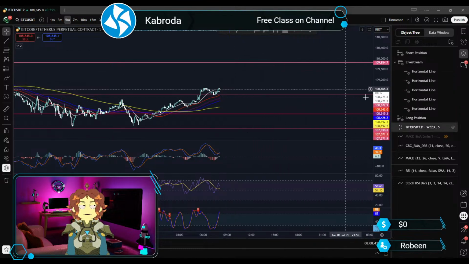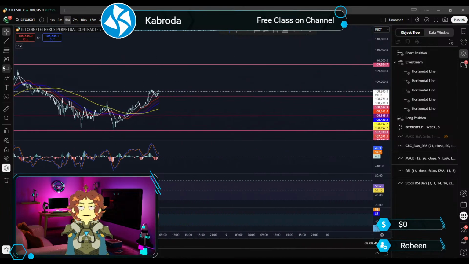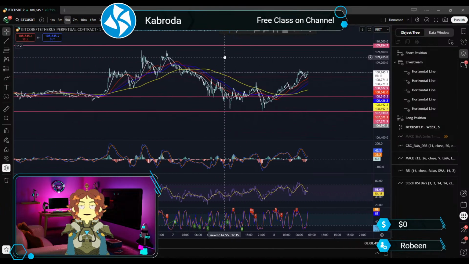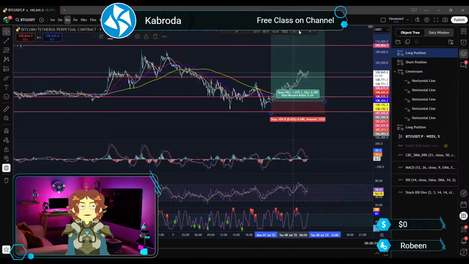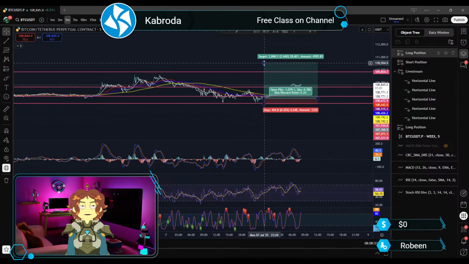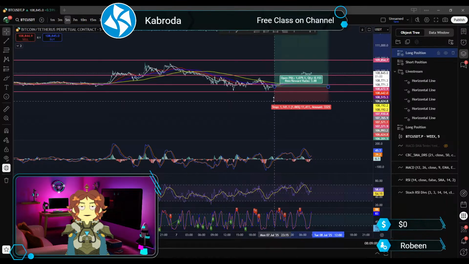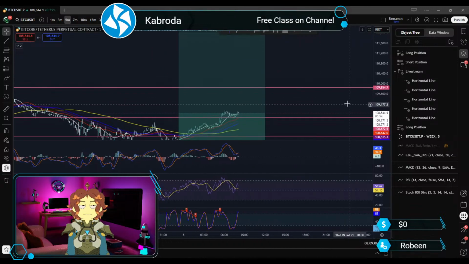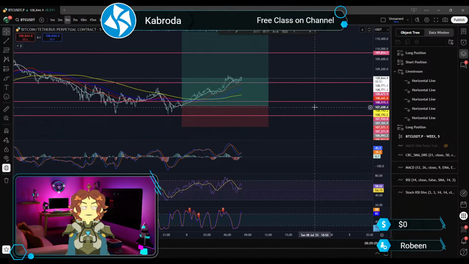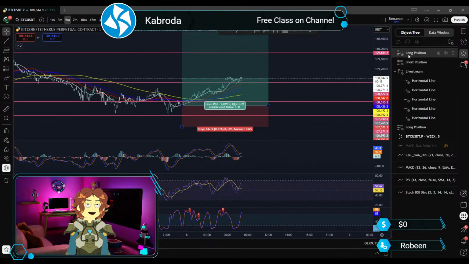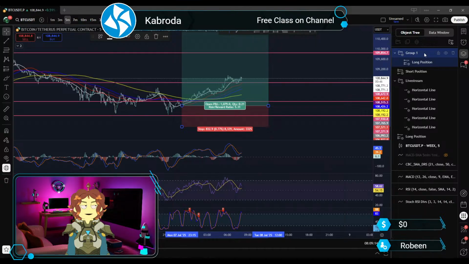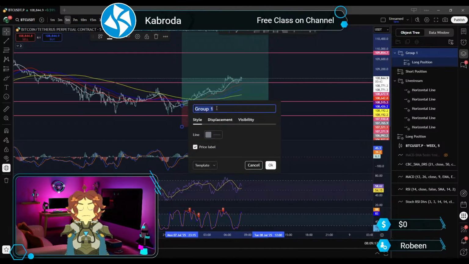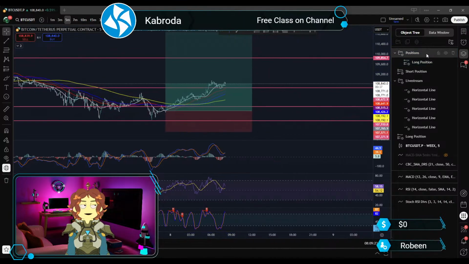It's really helpful when, say, you're working on a trade. Say we took a trade right here, but it's a long trade, so we're looking for it to go way up here, and we've got a long stop on it. We're just sitting in it, waiting, but you want to keep working on your chart. You could make a new group and call it positions.